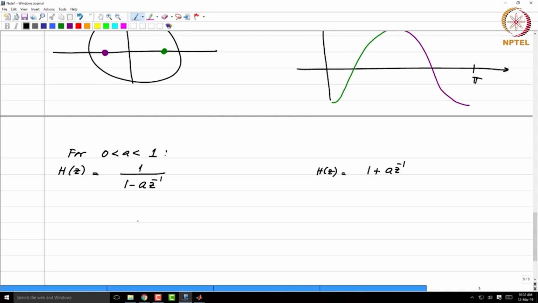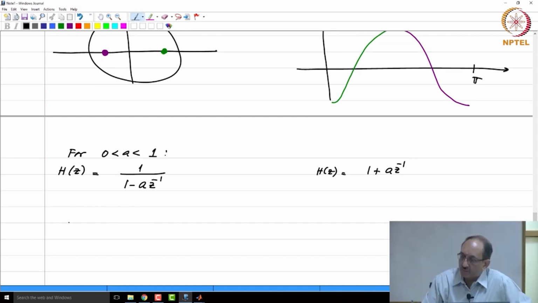And if you evaluate the frequency response to get some feel for the numbers, suppose you evaluate the magnitude squared frequency response at omega equal to 0.